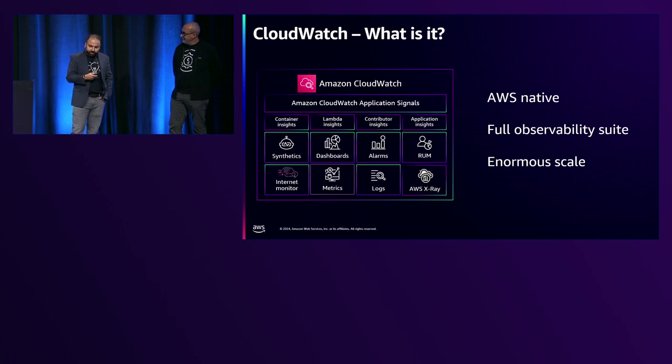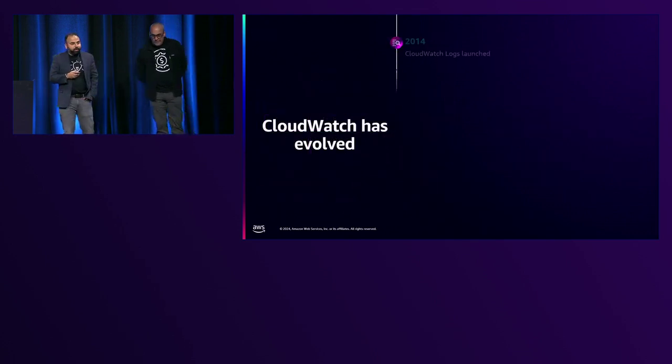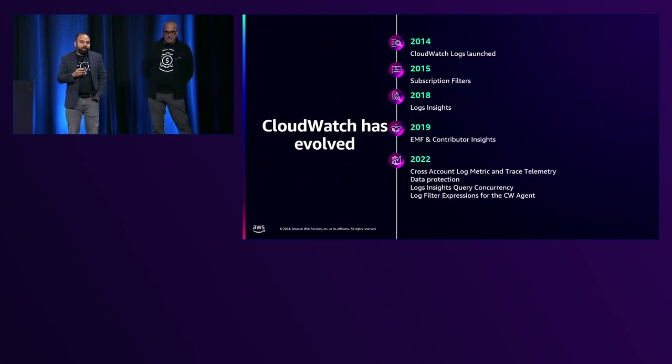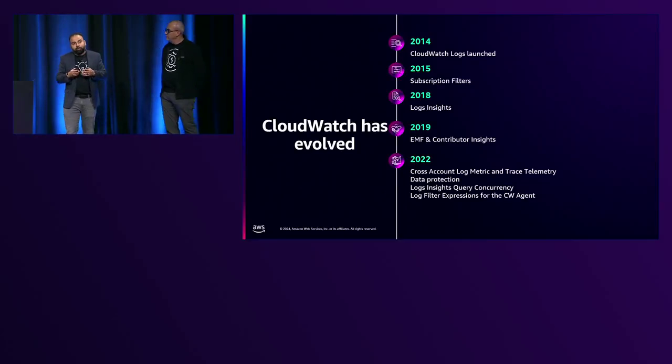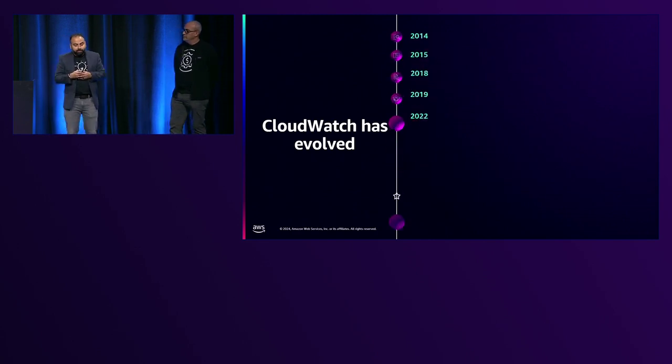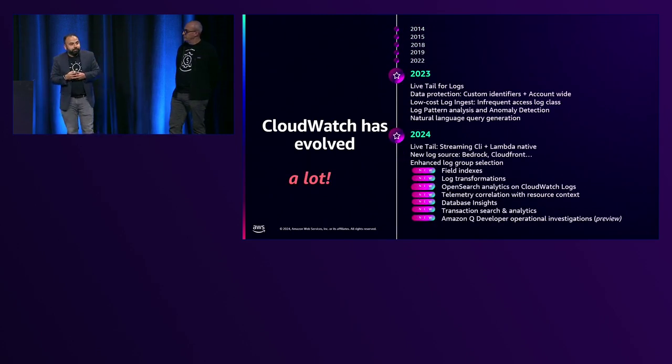So with that in mind, Andres, this is where, in 2014, CloudWatch Logs was first introduced. So it's been a while, and over the years, we have heard some of the things our customers have asked for. We've added a lot of capabilities. And these are just some of the key milestones, if you will, that we had over the years. But it has evolved since then. And this is how it looks today.